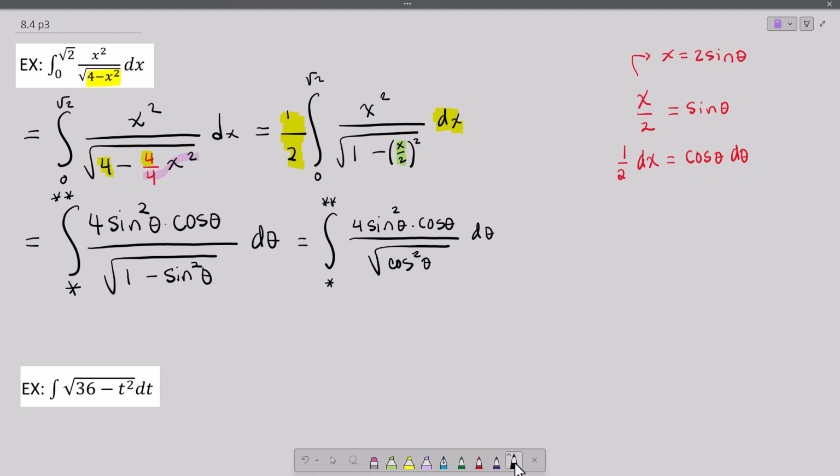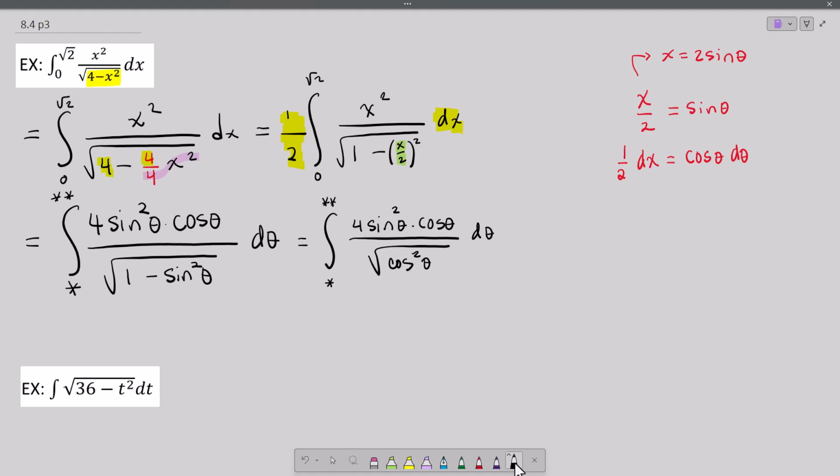It depends. Sometimes it's cosine, sometimes it's minus cosine. The square root of x squared is not always x. Sometimes it's negative x. So they are not going to try to trick us. But technically, this could be plus or minus cosine, and we have to check.